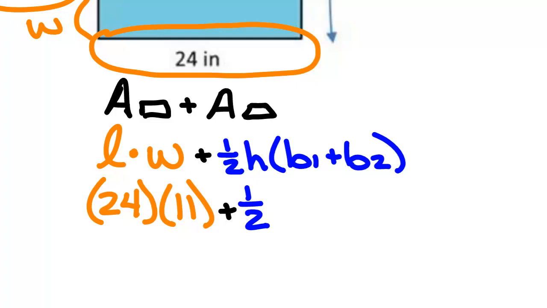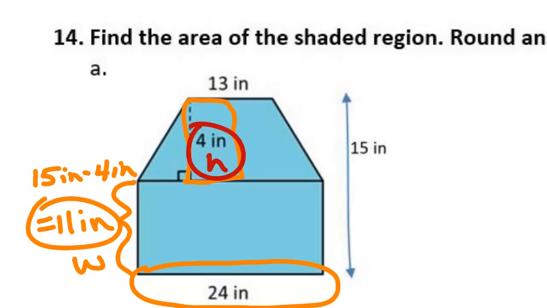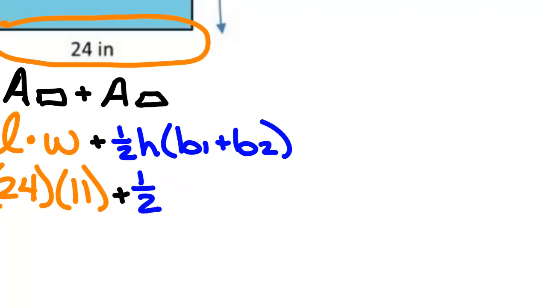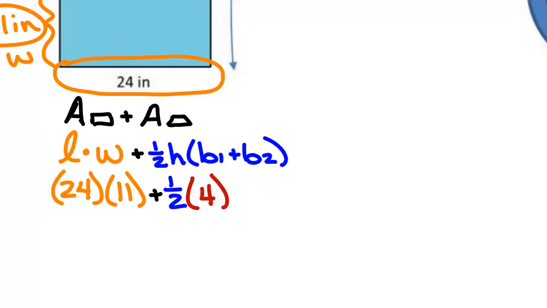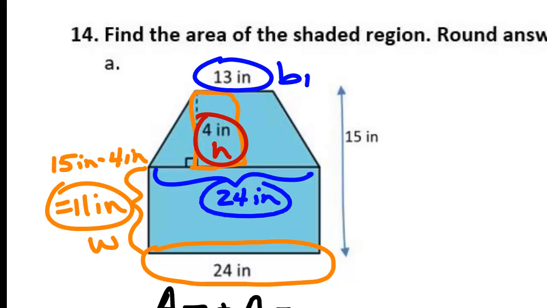What is the height of the trapezoid? 4. So 1/2 times 4 times base 1 plus base 2. How big are base 1 and base 2? 13 and 24. Here's base 1. This is base 2, and it's congruent to the bottom of that rectangle.